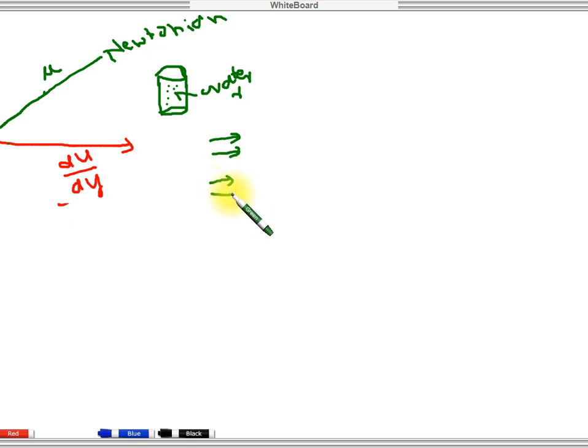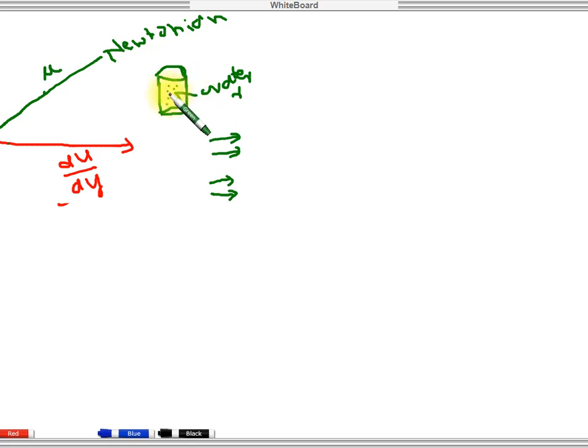You will see that its velocity remains the same and no change occurs in its viscosity. It means it will have the same viscosity. Its nature will be the same. It will not become thinner or thicker.